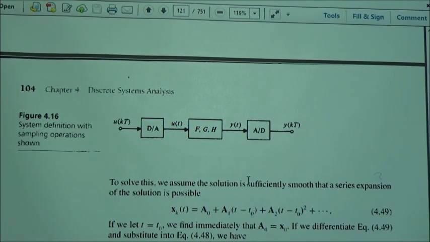So what we now need to know is how we can represent the discrete system, not from F, G, and H, but with alternative, equivalent matrices to these three terms. And this is something that I may have to do next time.